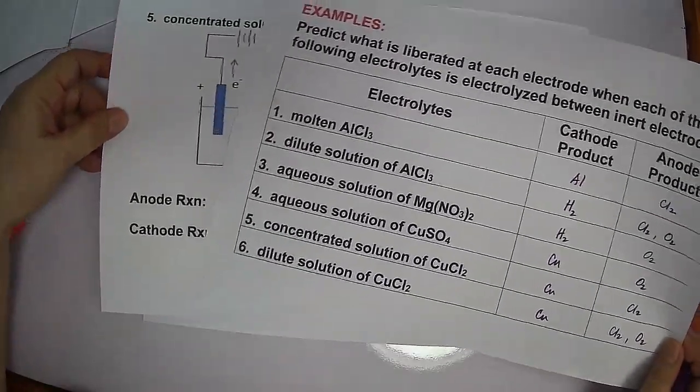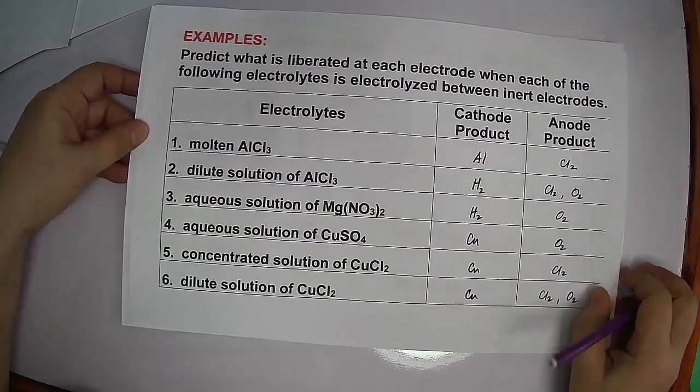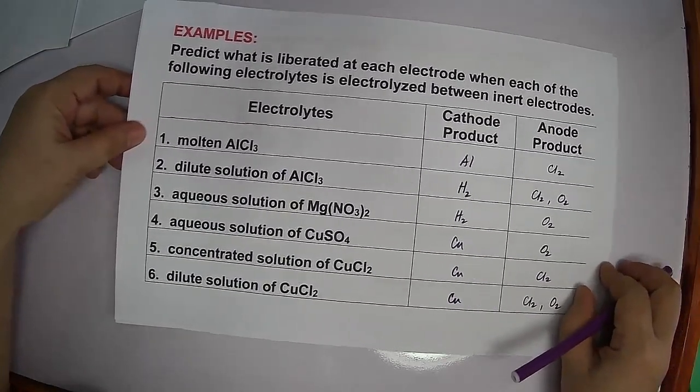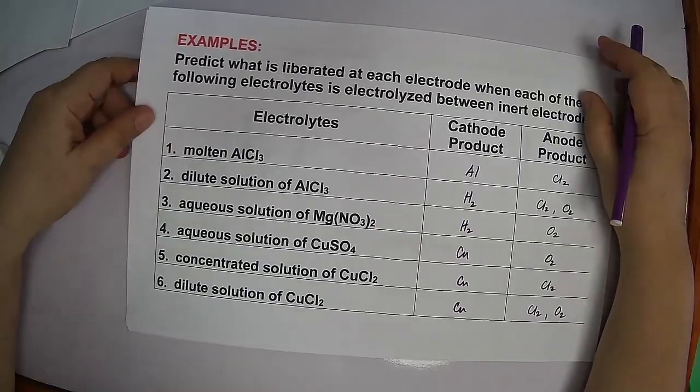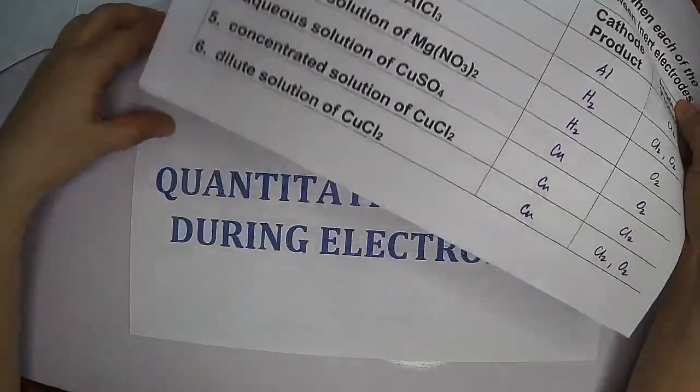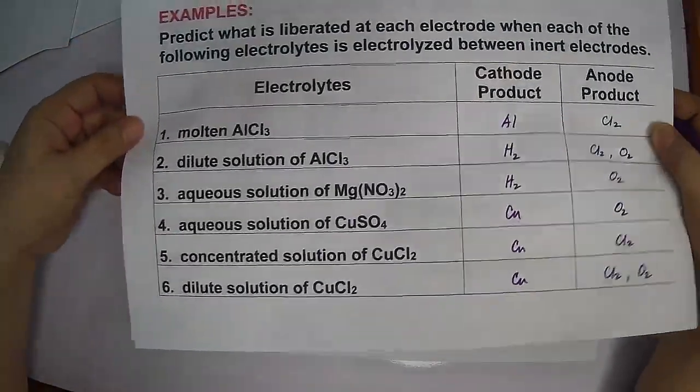That's all for predicting the product at the electrode in an electrolytic cell. The second part will talk about the quantitative changes during electrolysis.